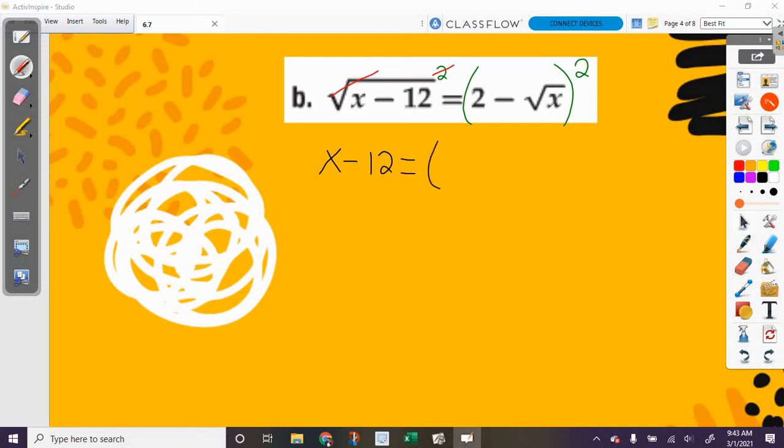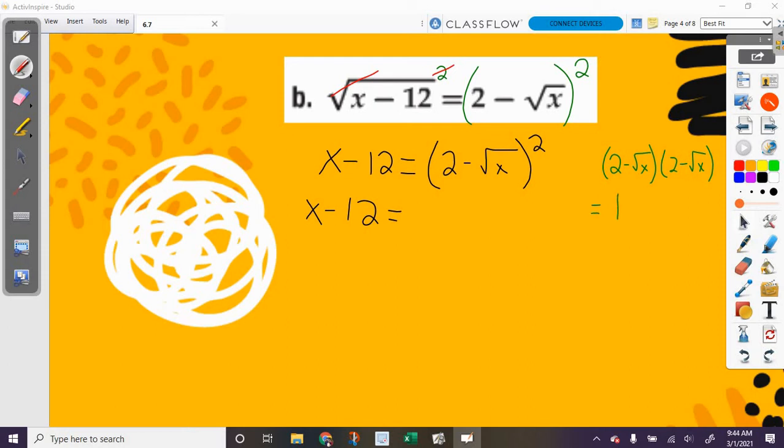But on the right hand side, notice that we have 2 minus the square root of x, squared. So we need to multiply out the right-hand side, but remember that whenever I square something, that's like multiplying it by itself. So that would be 2 minus the square root of x times 2 minus the square root of x. So we need to FOIL this.